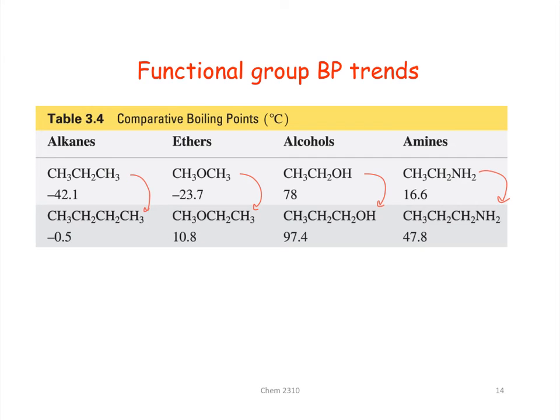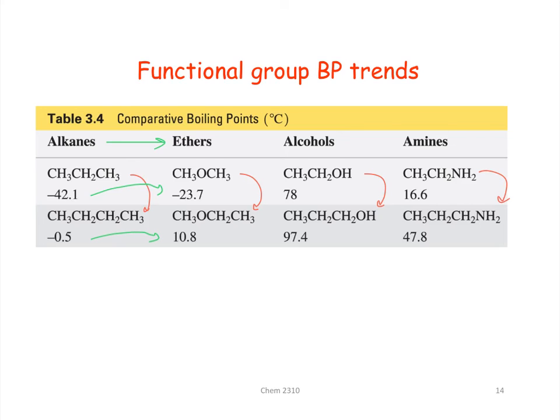Then, if we look across these functional groups, we see that when we have small molecules, at least, we can go from alkanes to ethers, and we're going to see an increase in boiling point. Remember, if we get much bigger than this size, then alkanes and ethers are about the same.